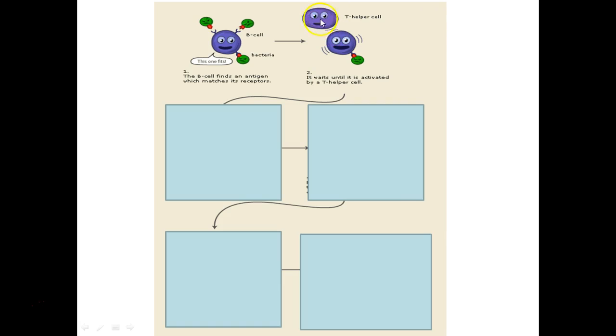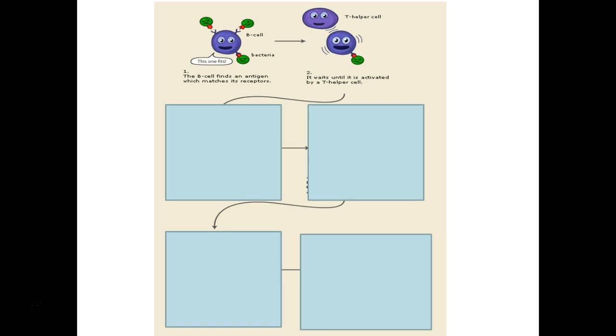This helper T cell has already been activated, probably by a dendritic cell. It's going to now help activate this B cell. This is called a T-dependent antigen, an antigen where we need this step.